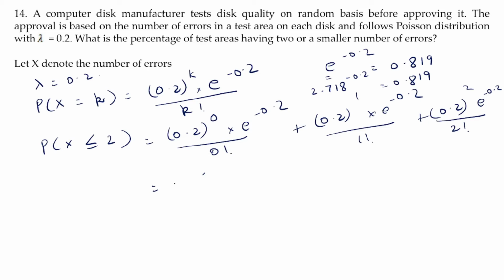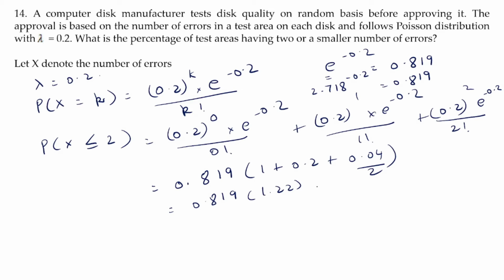So e raised to minus 0.2 can be taken outside, and the value is 0.819 into 1 plus 0.2 plus 0.04 by 2, which is equal to 0.819 into 1.22, approximately equal to 0.999.